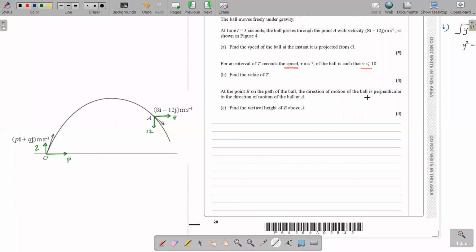The direction of motion of the ball is perpendicular to the direction of the motion of the ball at A. The motion of the ball at A, you can see it's like this, right? This is the direction of the motion of the ball at A. I just made the line longer. Then you have to find a point in this path where that direction should be perpendicular to it.